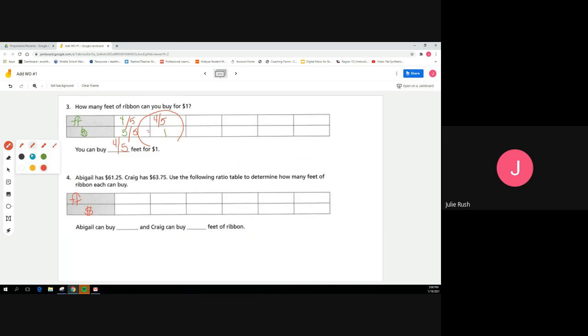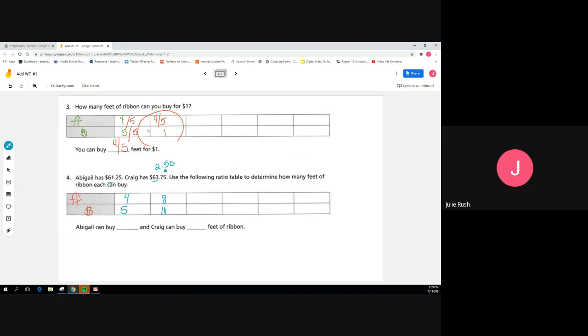Okay, well, hopefully you're back to check your work. I'm going to go through pretty quickly and show you what I did to solve. I started with my given ratio of 4 and 5. I doubled that to 8 and 10. Remember, I'm headed to 61.25 and 63.75. That is only a $2.50 difference.